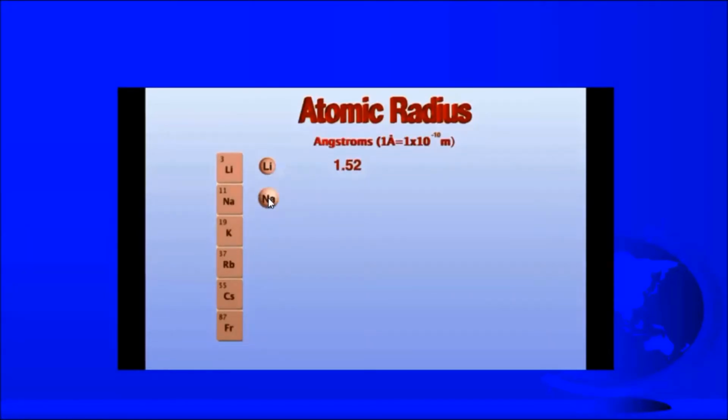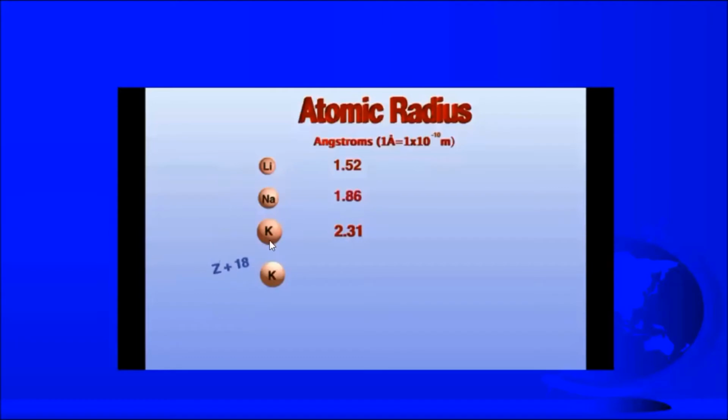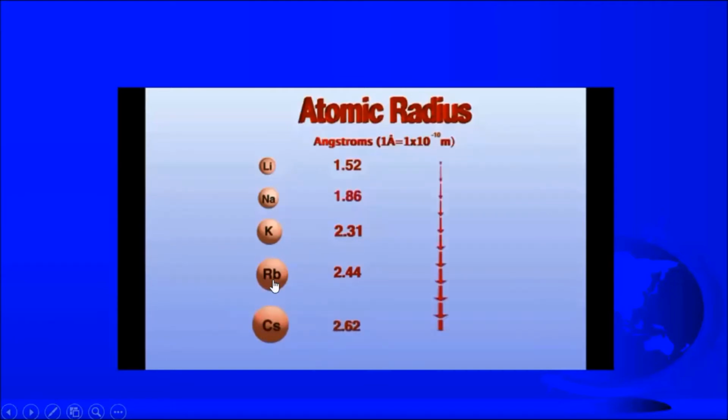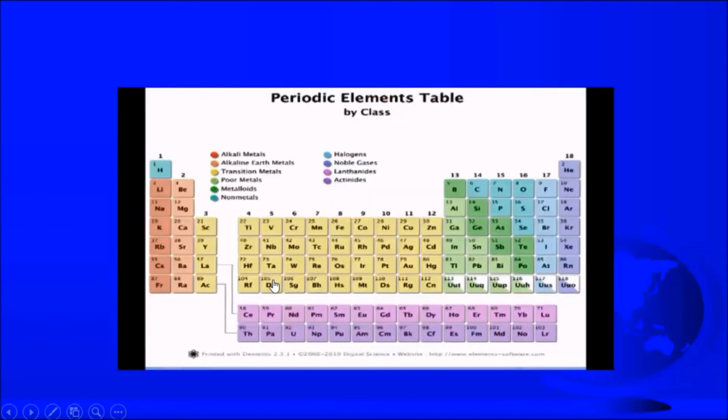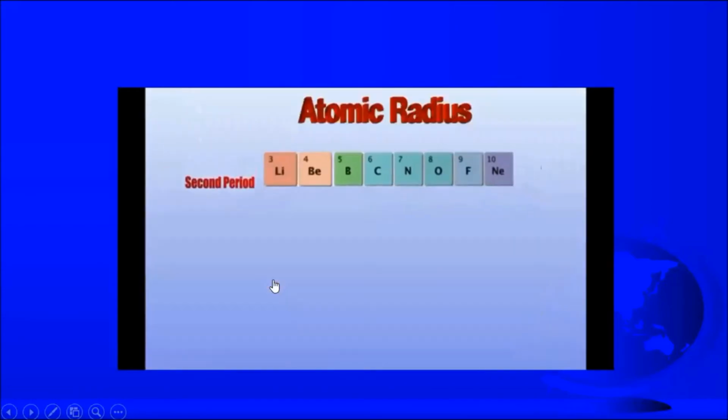Sodium has 3 floors, so you would expect the sodium dormitory to be bigger. Potassium, bigger. Rubidium is potassium plus another floor. Cesium is rubidium plus another floor. So as you go down the column, they get bigger.